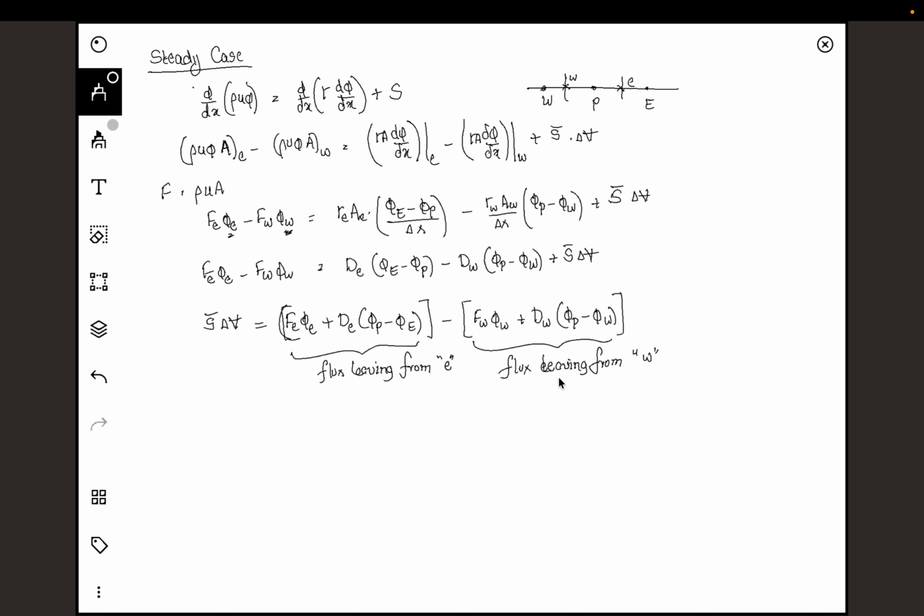Or you can also understand it in a different way: whatever is the flux coming from W to P should be equal to whatever is generated and whatever is leaving out. Whichever way you want to understand, this will be the general equation.